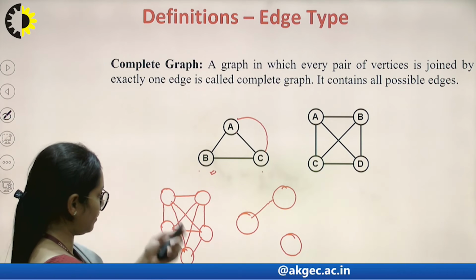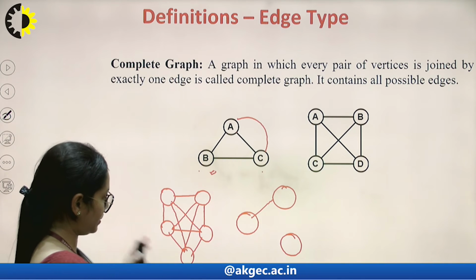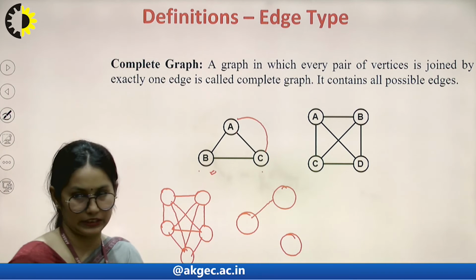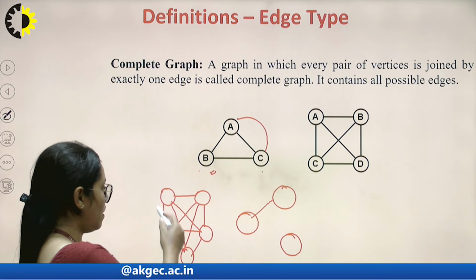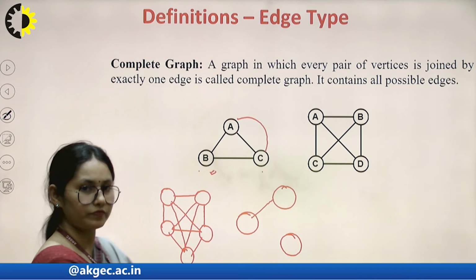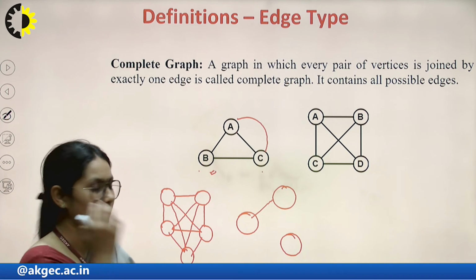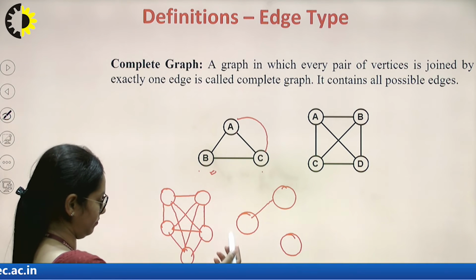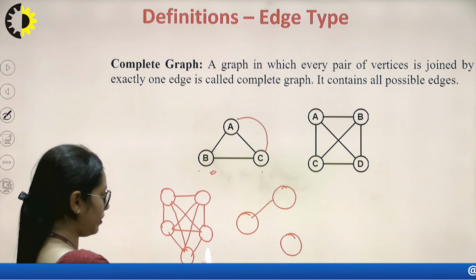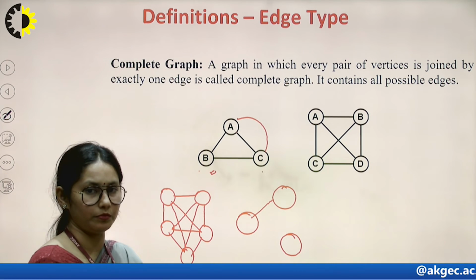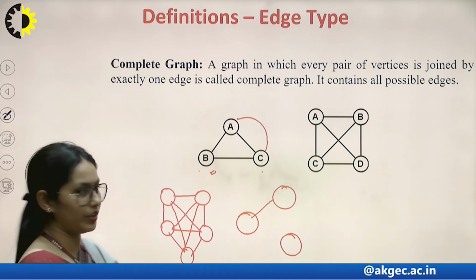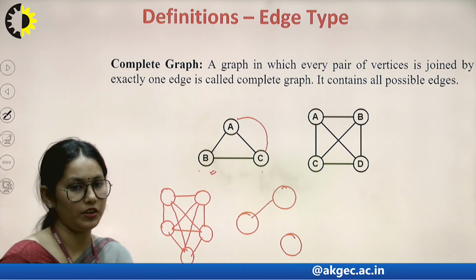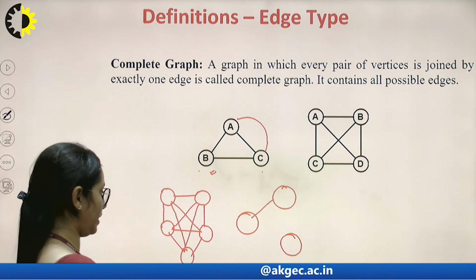This is the complete graph. In this particular graph, I have all these edges connected with the other vertices. Every vertex has been connected with every other vertex, but they are not creating any loop or any multiple edges.